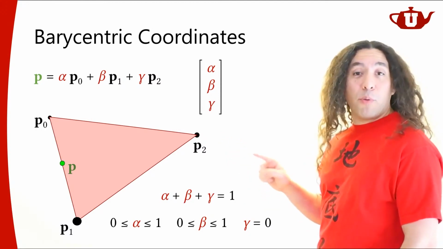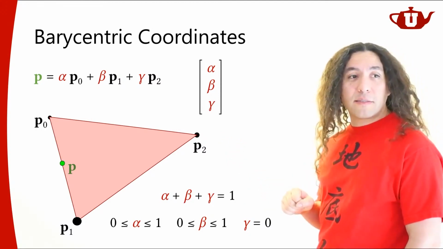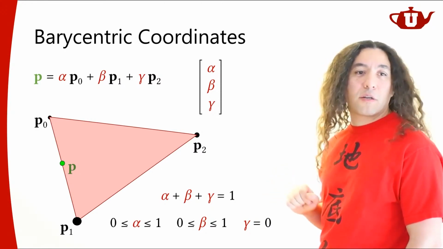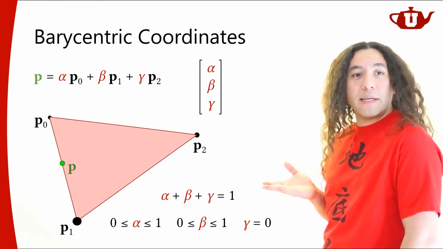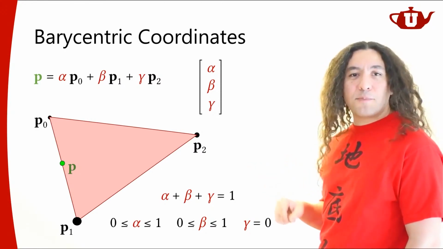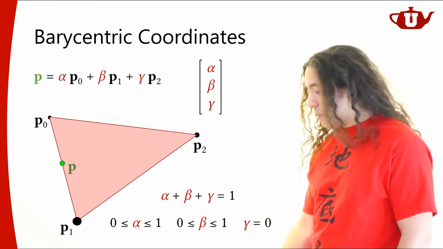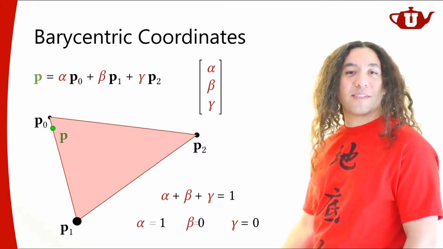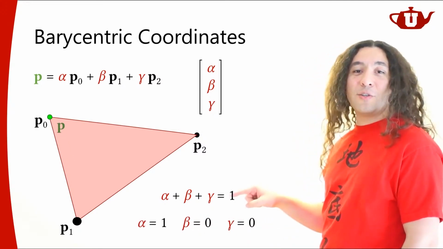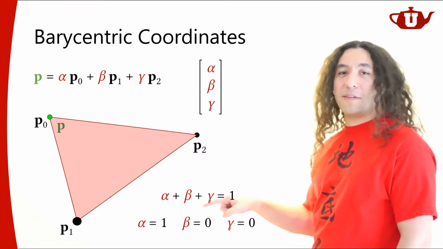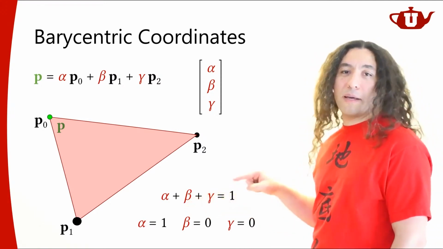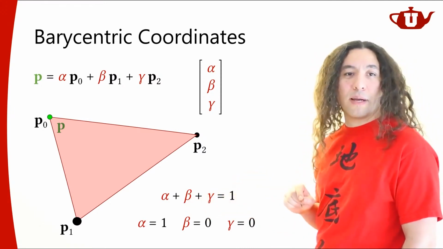So for a point along one of the edges, one of the barycentric coordinates will have to be 0. What if I take that point and move it towards one of the vertices? Then 2 of the weights are going to be 0, and the other one will have to be 1, because this property always holds.